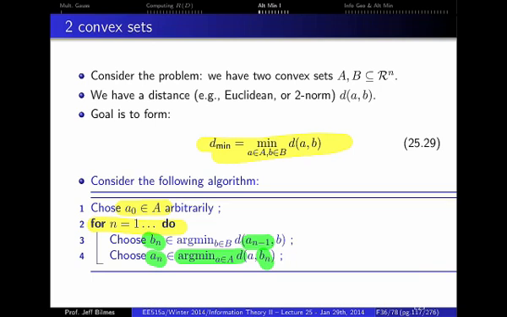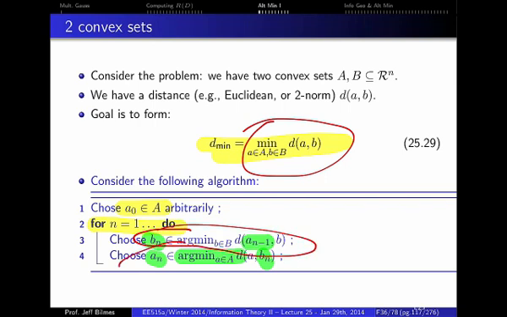Number 2, what if doing this simultaneous minimization is analytically very, very difficult? Maybe there's no closed form analytic expression for it. But what if there's a closed form analytical expression for each one of these individual minimizations?